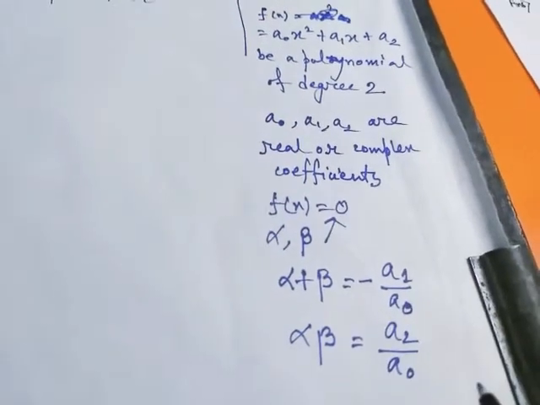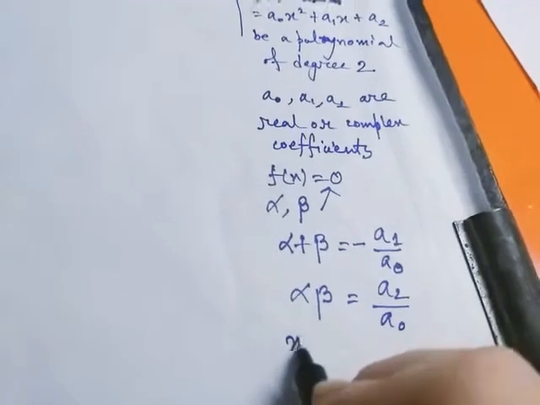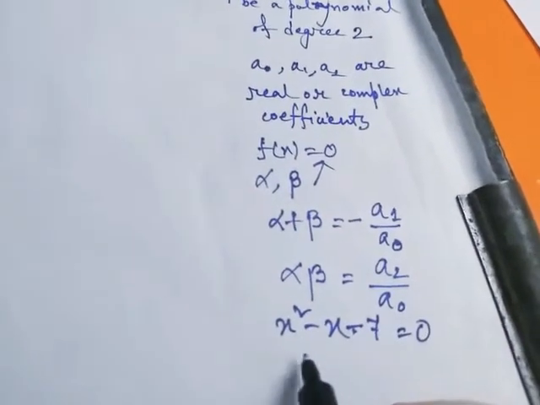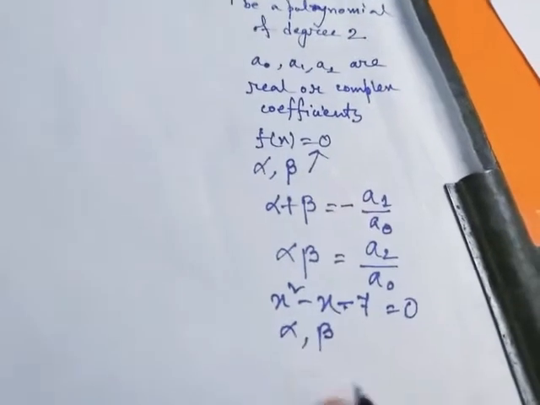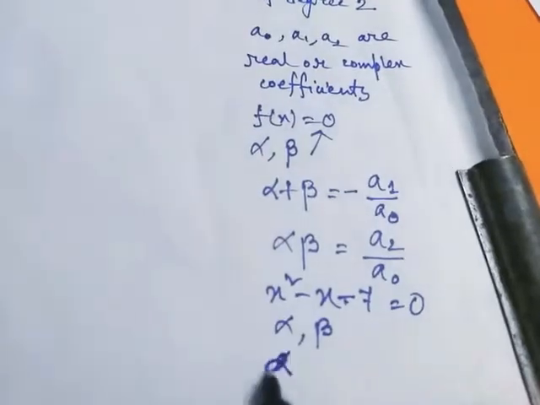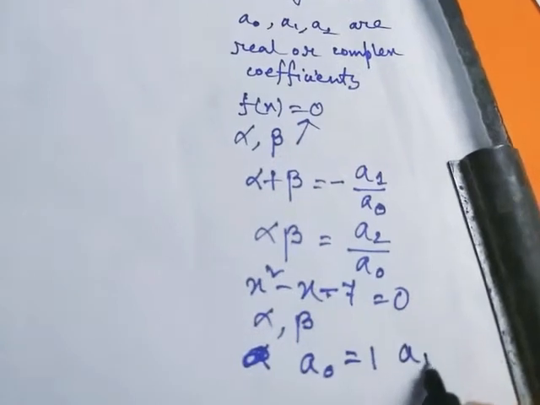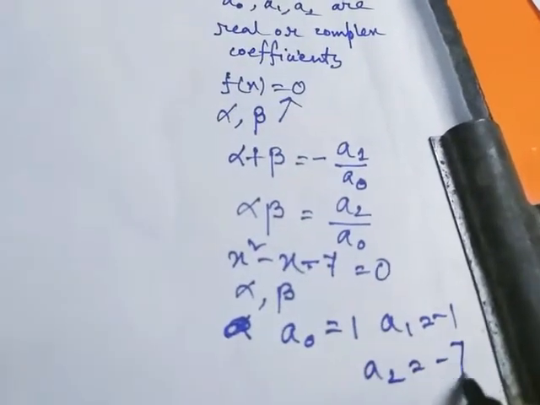Here, x square minus x minus 7 equals 0, and alpha, beta are the roots. So here a0 equals 1, a1 equals minus 1, a2 equals minus 7.